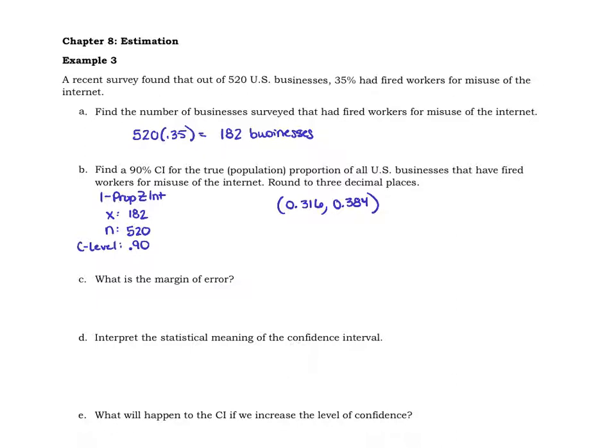Or, since we know that 35% is smack dab in the middle of that interval, you can either take the upper boundary minus 35% or 35% minus the lower boundary. Take your pick. For me, I'm going to do that upper minus the point estimate of 35%, and I'm going to get 0.034 or 3.4%.